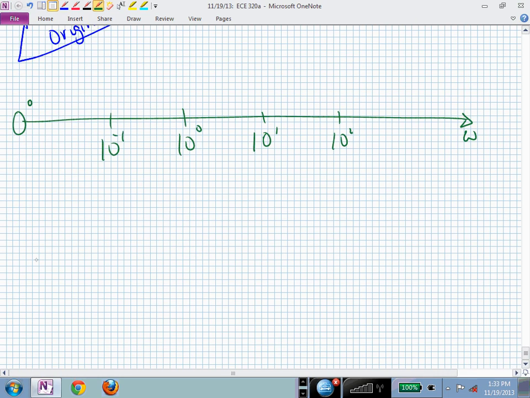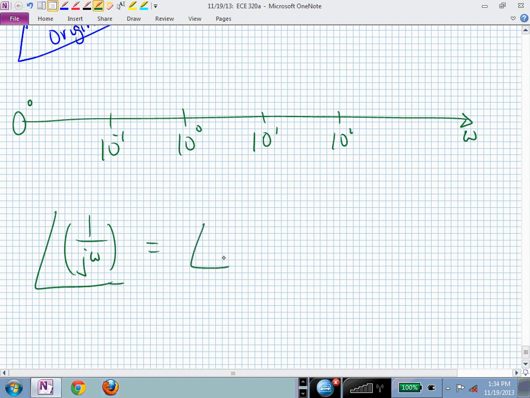Now I'm looking for the phase or the angle of 1 over j omega. That's what I want to sketch as a function of omega. If you don't see it right away, you go, well, that's just a ratio of two numbers. So that means I take the angle in the numerator and subtract the angle in the denominator.